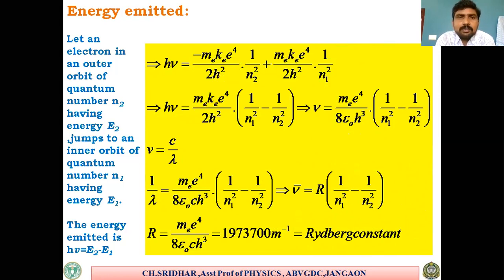So here we have two energy states. The electron is making a transition from the higher energy state to the lower energy state, that is from E2 to E1. So the energy so emitted is h nu is equal to E2 minus E1.